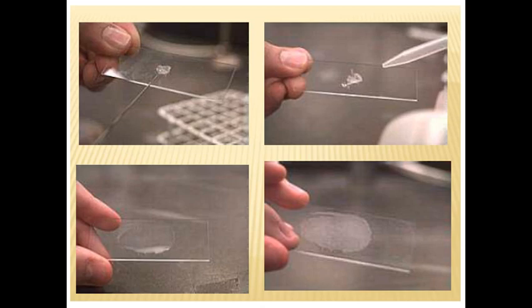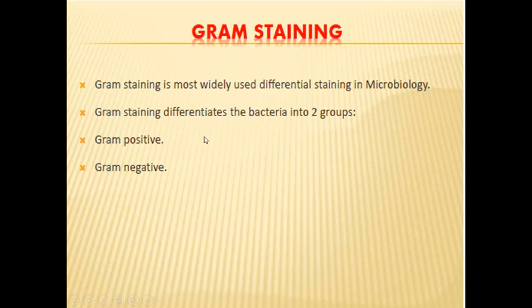The bacterial cells remain as they are on the surface of the glass slide. So this is overall the steps of smear preparation. After successful smear preparation, you can go for the staining process.